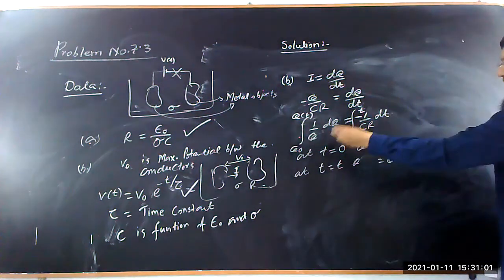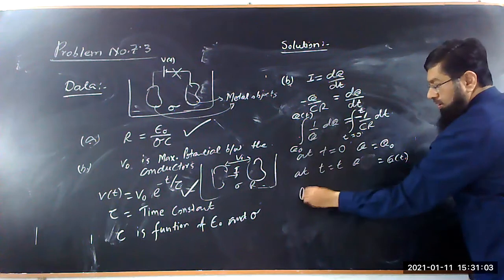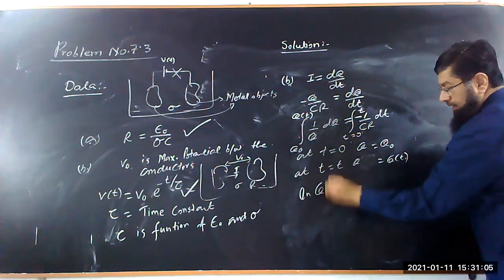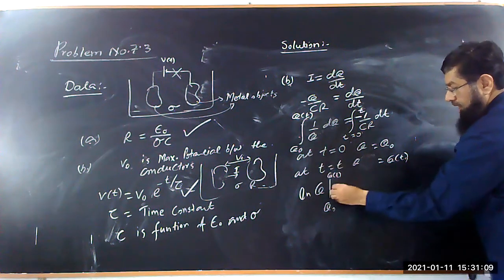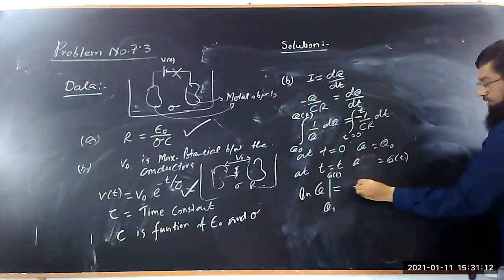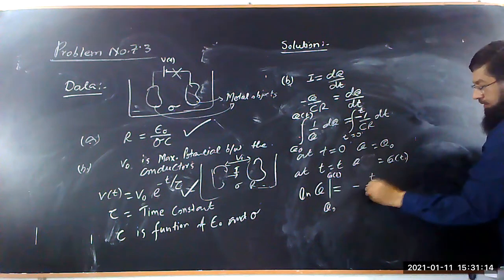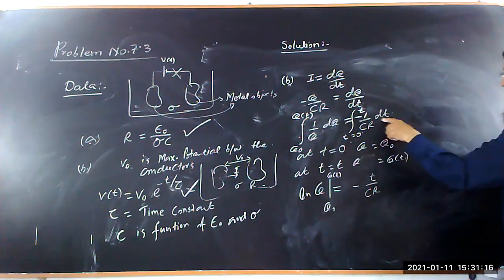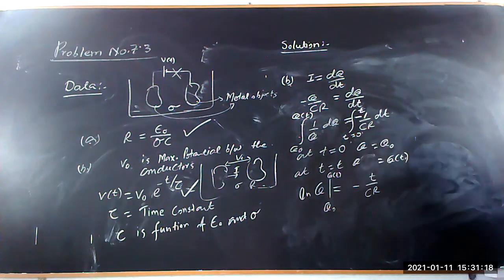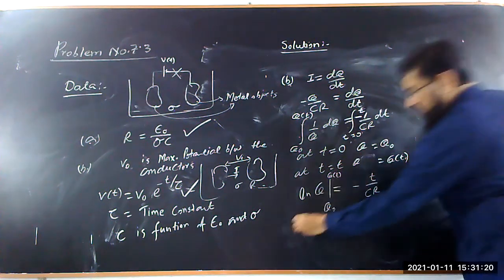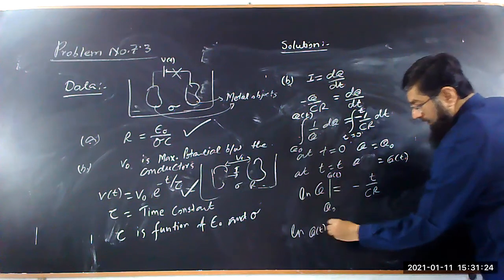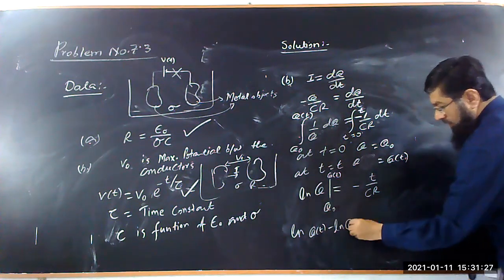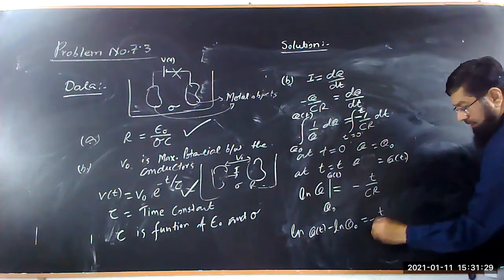So now here the integral of this is equal to log of q, and the limit is from q naught to q of t, is equal to minus t upon CR. So substituting the limits, log of q of t minus log of q naught is equal to minus t upon CR.